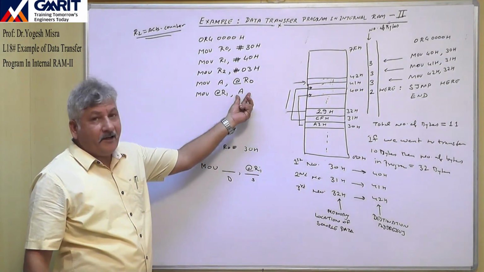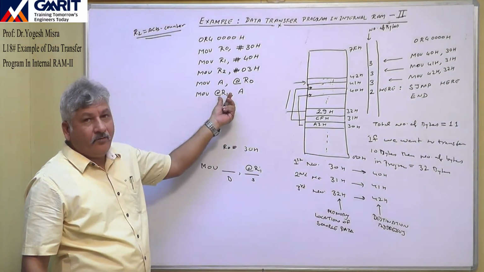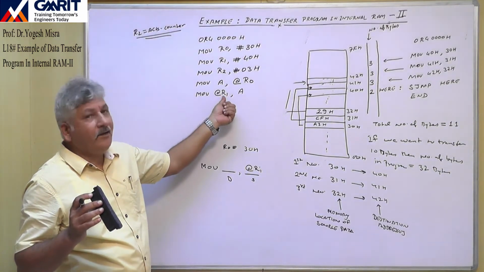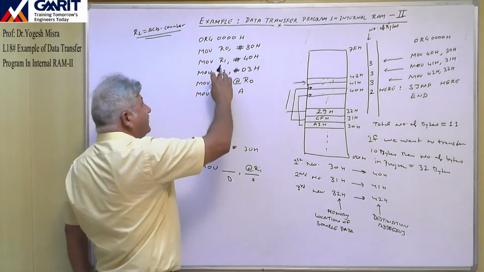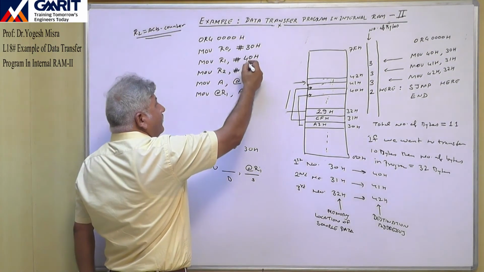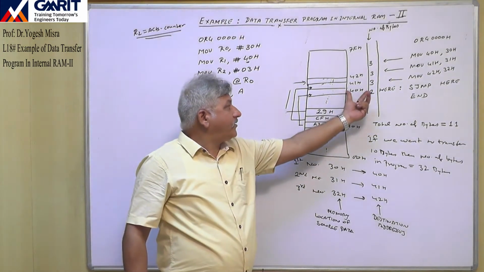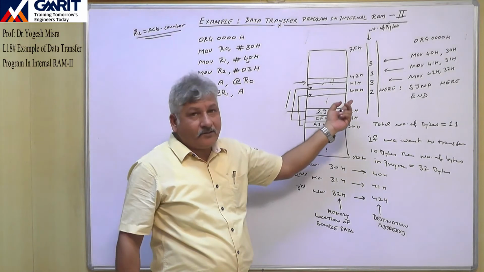Whatever is there in A register, that will be moved to internal RAM, and the address is defined by R1. The content of R1, we have already initialized this with 40H. That is the first address where our first byte will be stored.